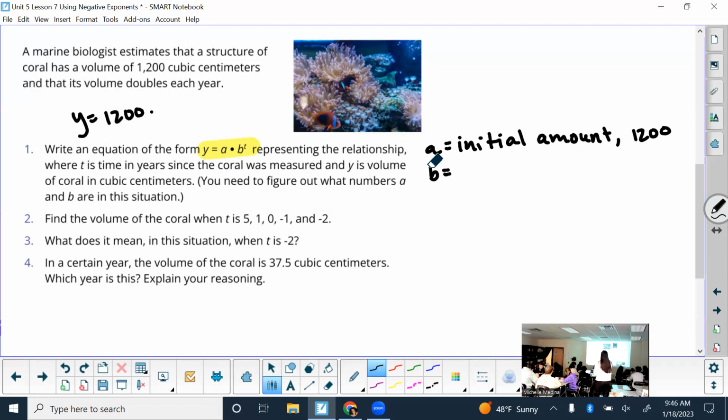Table 1, what does b represent? Or think about what we did in the other problem.